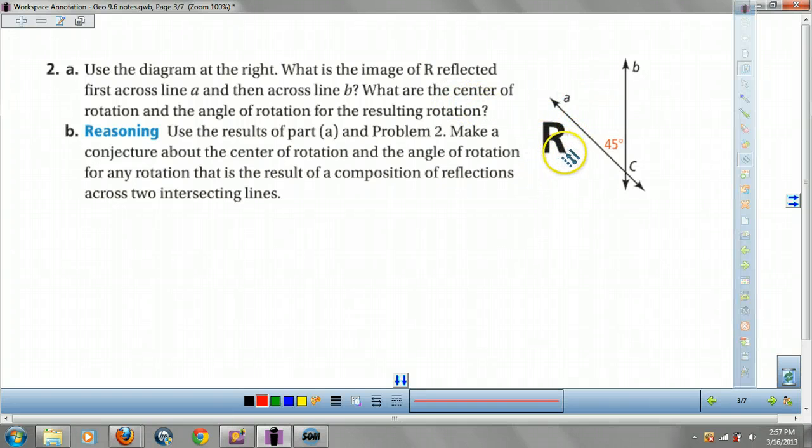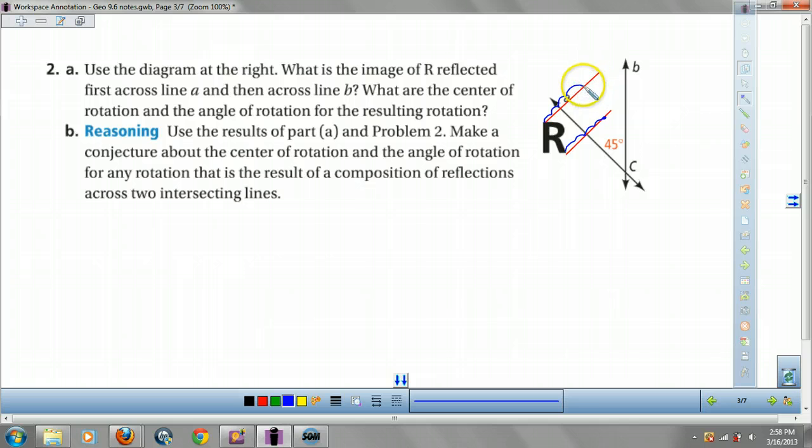So I'm going to start by taking this point and making a good old perpendicular. I like to use this point back here, making a good old perpendicular. So now I take this distance and go that far over here. And then I take this distance and go this far over here.